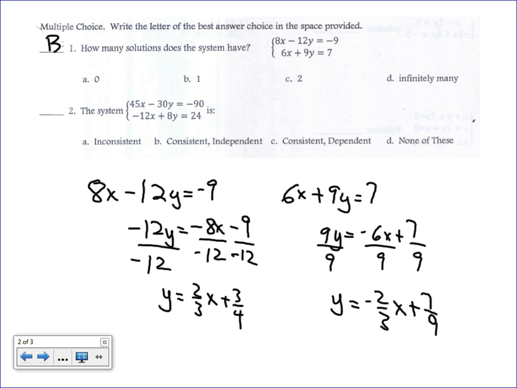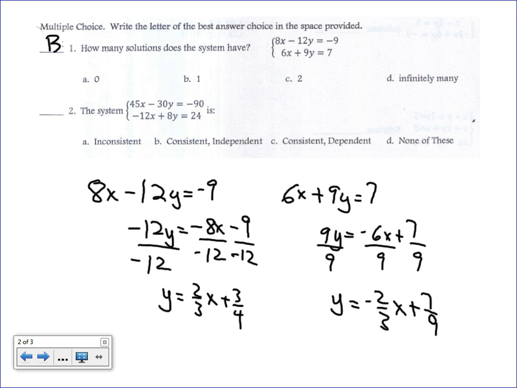It's the negative and what else? No, not the positive. Reciprocal. So if this was 2/3 and this had been negative 3/2, not only would they intersect in the one point, but they would also be perpendicular to one another.